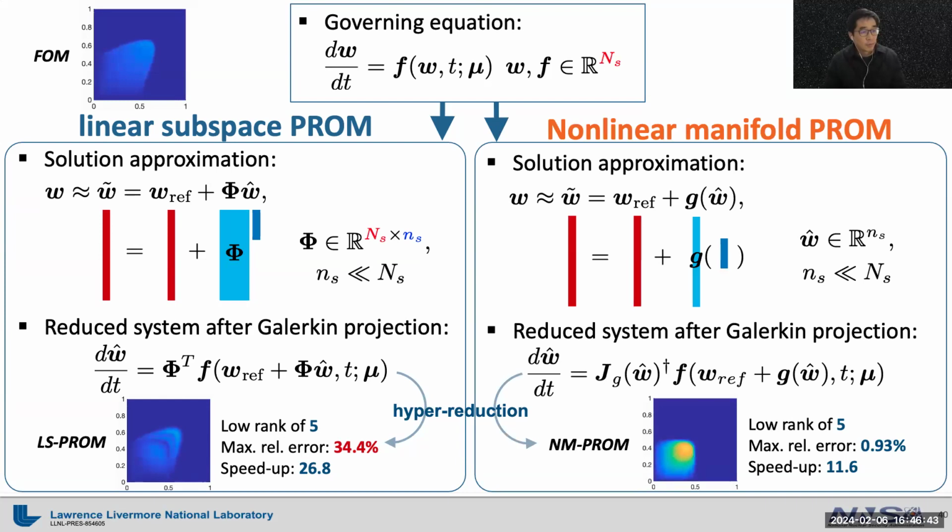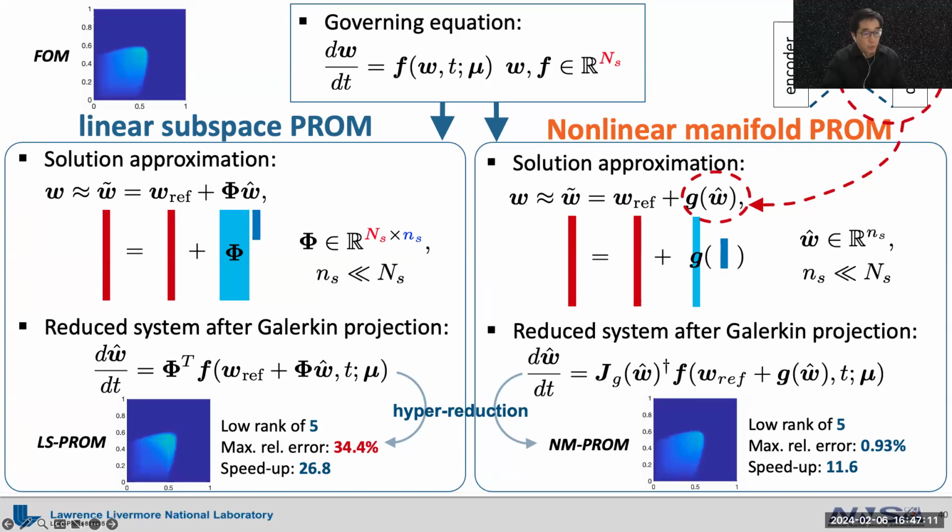So the nonlinear manifold reduced model framework, originally introduced by Kevin Carlberg and Youngkyu Lee, nicely solved this problem by bringing this neural-net type of representation into the solution representation, because the nonlinear representation has a higher expressibility than the linear subspace. Even though your problem is advection dominated, you can achieve a low rank.